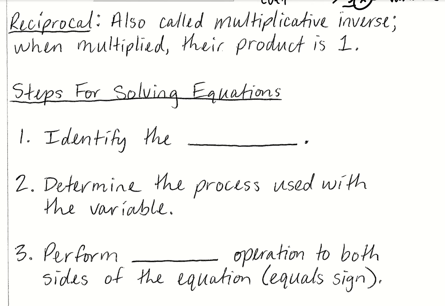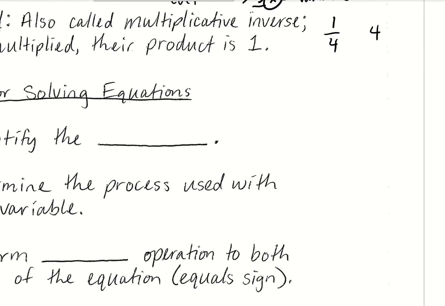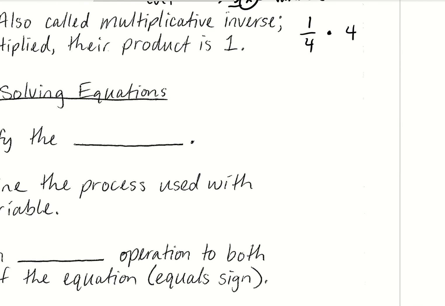All right, so a reciprocal is when, for two numbers, when they're multiplied, their product is going to be 1. So an example of this is going to be 1/4 and 4. These are going to be reciprocals, okay? Because if you were to type in 1/4 times 4 in your calculator, that's going to equal 1, okay?